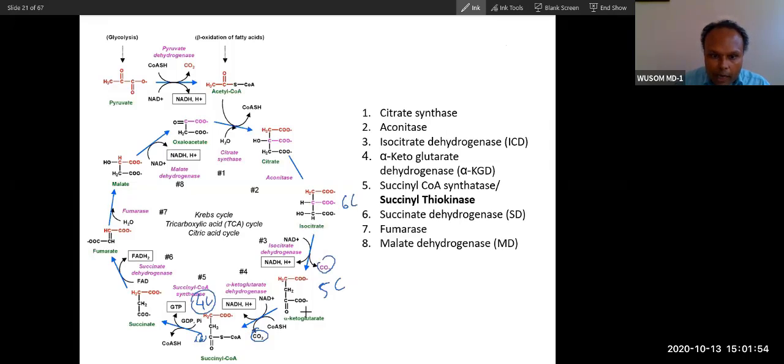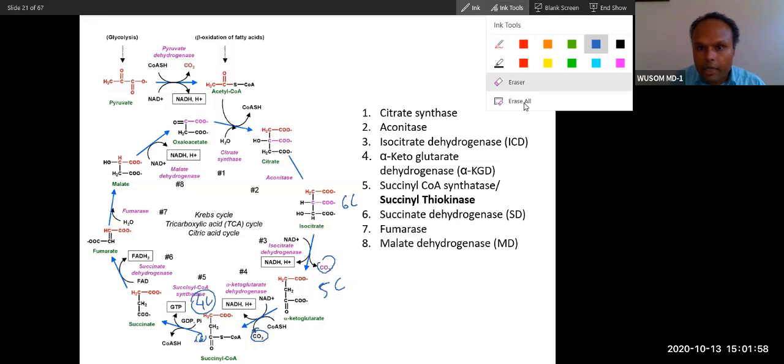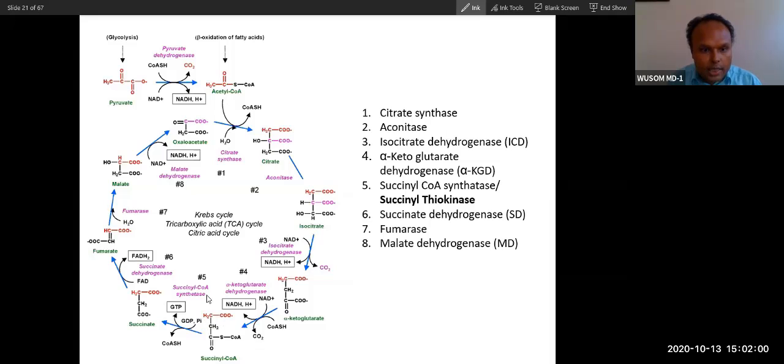Because of removal of carbon dioxide, 5 carbon becomes 4 carbon. So 4 carbon is succinyl coenzyme A. This is the step, succinyl synthase or succinyl thiokinase, where you will see production of GTP. After this, succinate is released, and then coenzyme A goes out of the molecule.